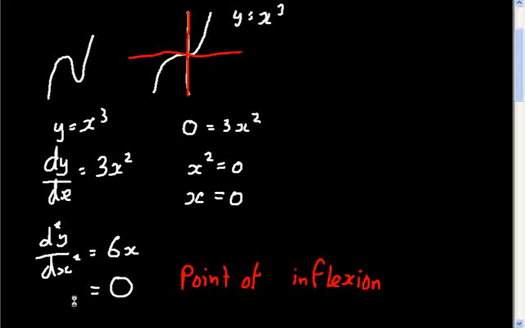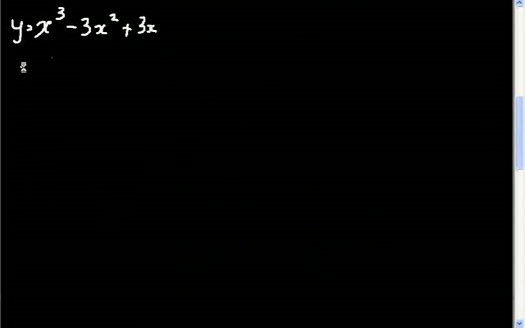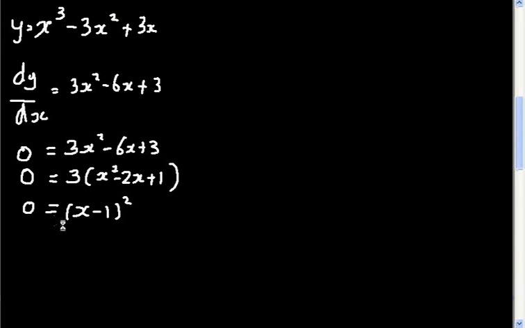Okay, let's figure out the stationary point for another cubic graph where you'd expect to see a point of inflection. Just have a look at this equation. So that's your equation. If I differentiate this, that's my first differential, and to find my stationary point I make my gradient 0. And I figure out the values of x that satisfy this equation.